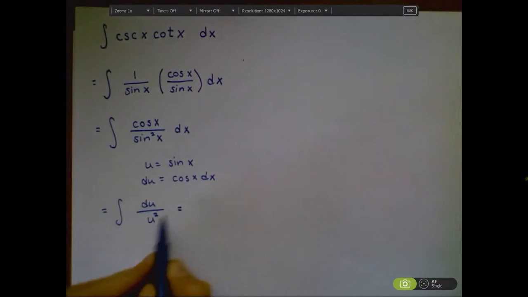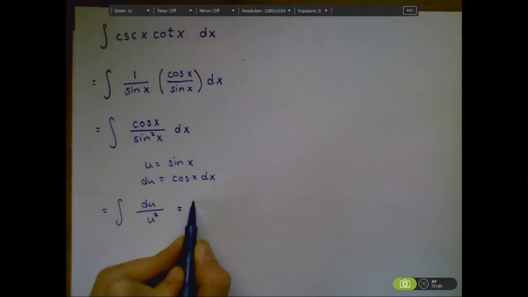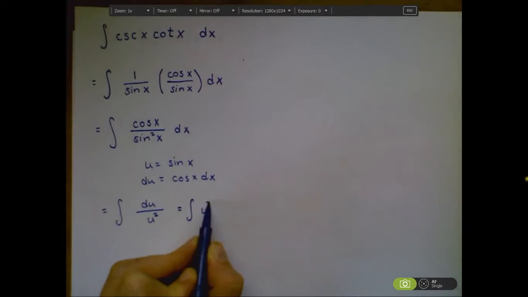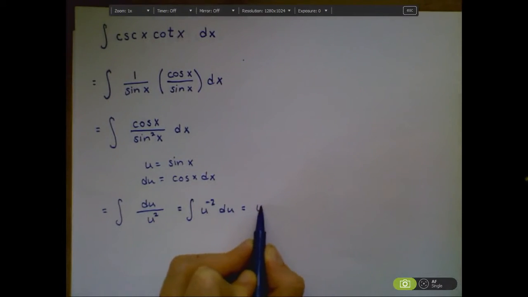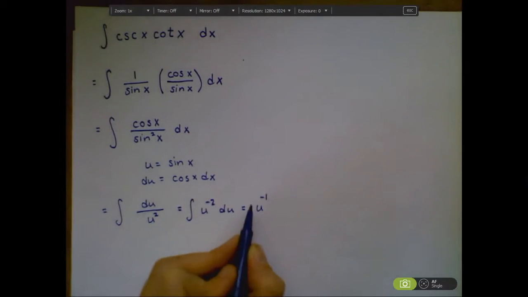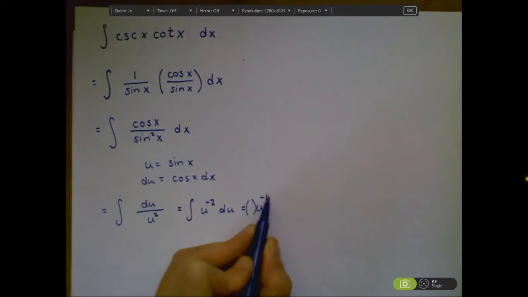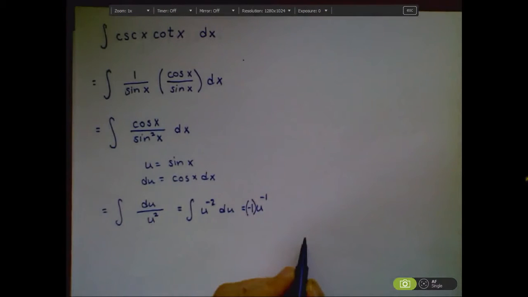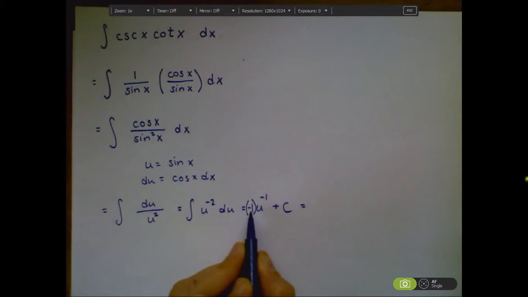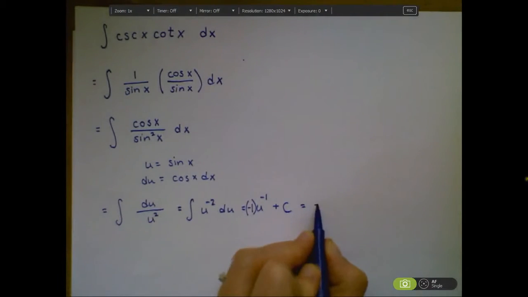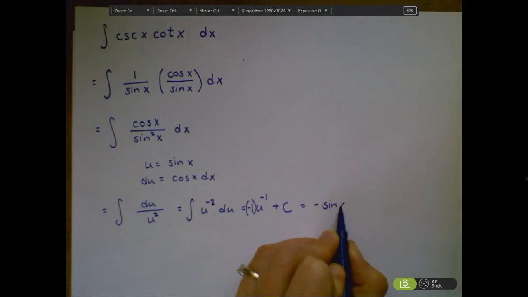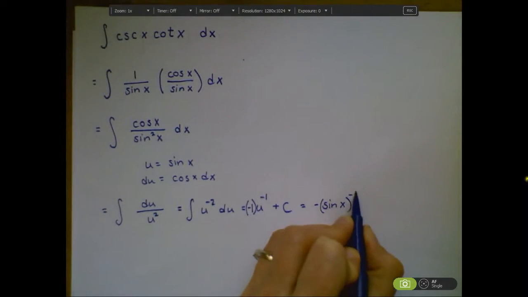And if I integrate, maybe I'll rewrite this. This is the integral of u to the negative 2 du. So this is just u to the negative 1 times the reciprocal of negative 1, which is negative 1, plus C, which is just, what was my u in this case? u was sine of x, so this is negative sine of x all raised to the negative 1 power.